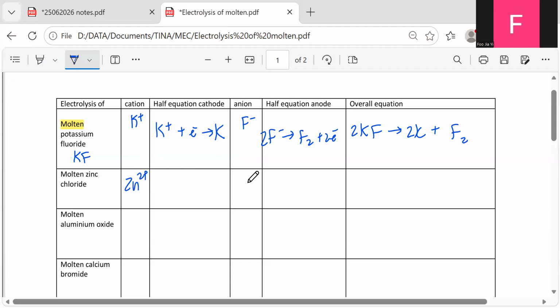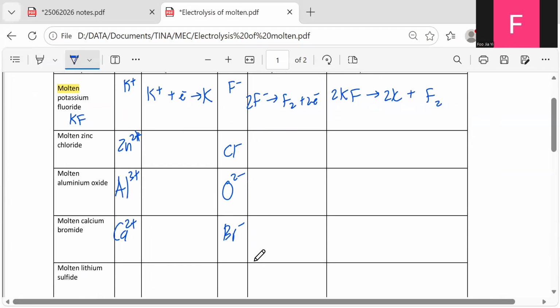Okay, let me help you a little bit, okay? Zinc, Zn2 plus, aluminium, calcium. Chlorine is Cl2. Chloride is an ion.